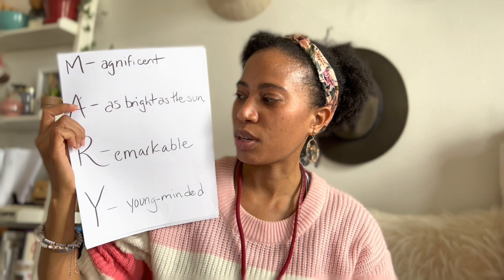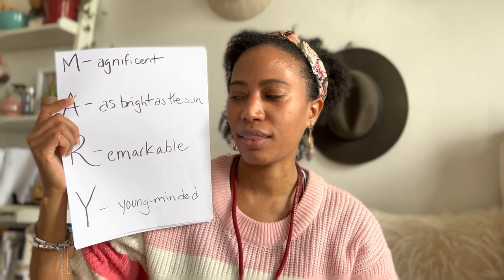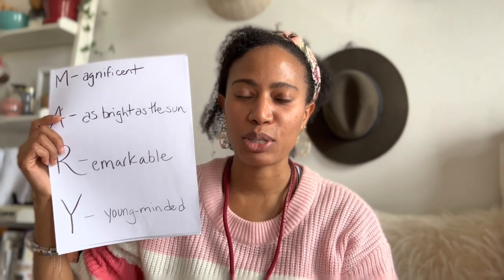But you could also do it, let's say maybe it was R, ready like a rocket. I don't know if that's a thing, but you could. So yeah, let's be creative. And then you want to decorate your acrostic poem because we are going to give it to our family members. A little token of appreciation to let them know how much we care about them, how much we're thinking about them.